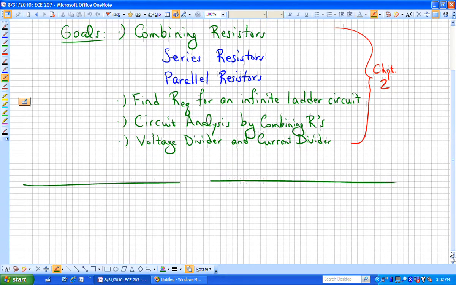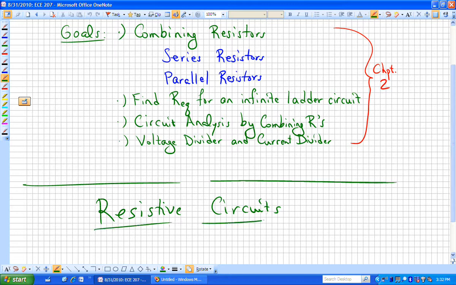With Chapter 2 material, which is resistive circuits.